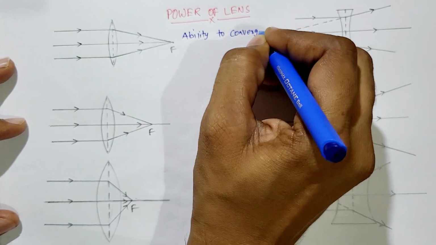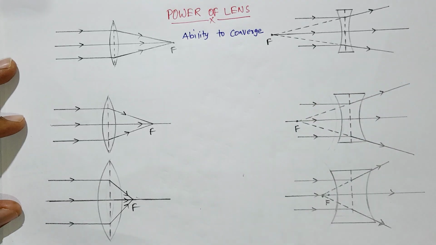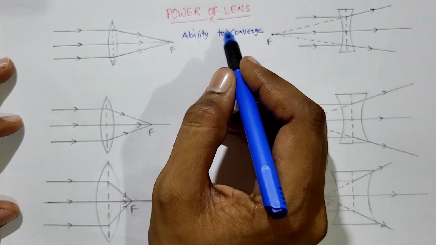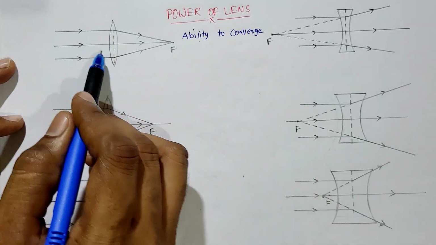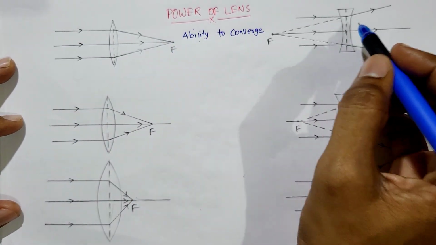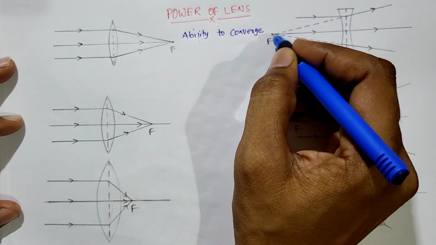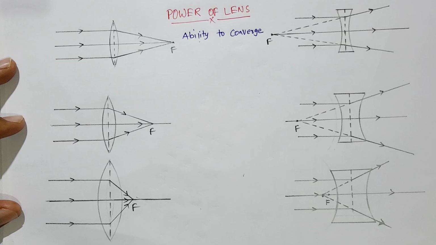If it is a convex lens, converging. If it is a concave lens, diverging. So the ability of the lens to converge a parallel beam of light rays towards a single point, or the ability of a lens to diverge a parallel beam of light rays from a single point, is known as power of lens.